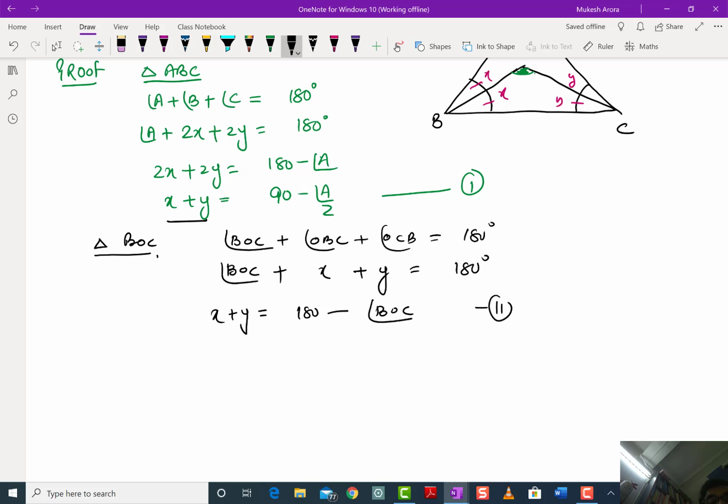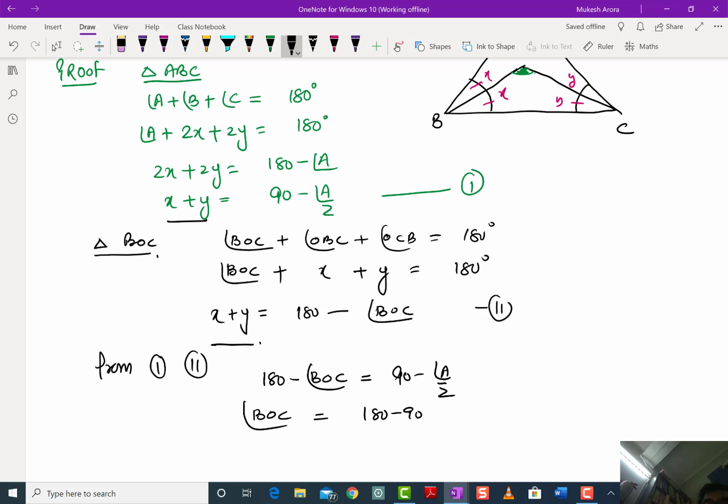This is also x plus y, this is also x plus y, so we equate them. From 1 and 2, we can write 180 minus BOC is equal to 90 minus half of angle A. Taking BOC to the other side, BOC is 180 minus 90 plus half of angle A. So angle BOC is equal to 90 plus half of angle A.